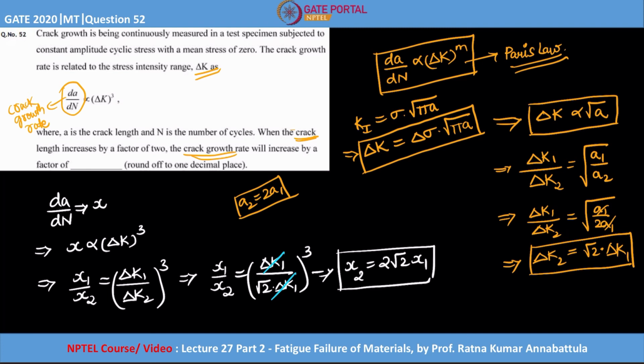If the crack length is increased by a factor of 2, by what factor is the crack growth rate increasing? I have assumed the crack growth rate to be x. So 2 root 2 is approximately 2.8, 2.8 times x1. So the answer would be 2.8. If the crack length increases by 2 times, the crack growth rate increases by 2.8 times.